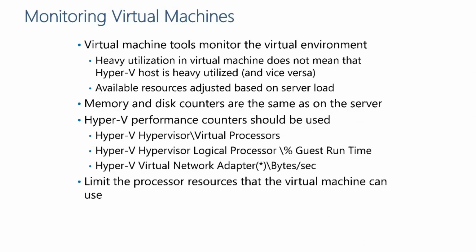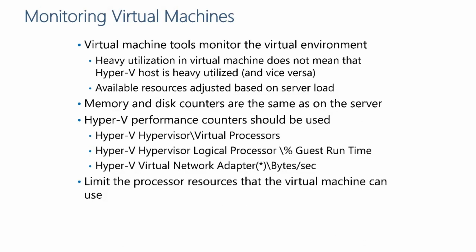With the virtual machines, the virtual machine tool monitors the virtual environment. The heavy utilization in a virtual machine does not always mean heavy utilization on the host, because it's obviously got its own set of hardware restrictions, or vice versa. Available resources are adjusted based on the server load.